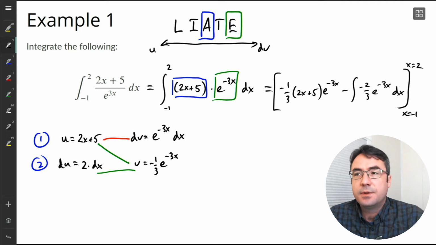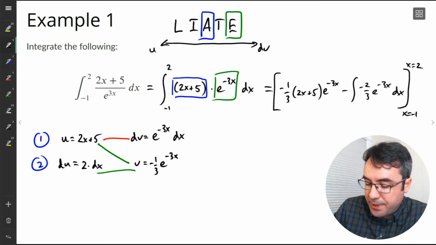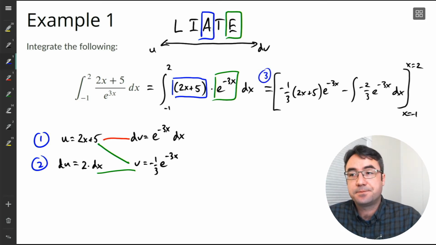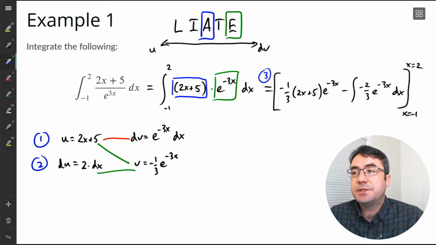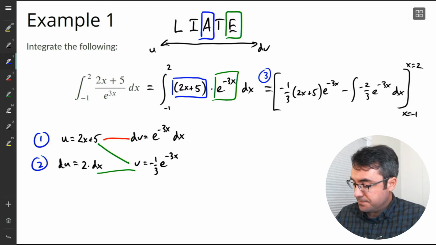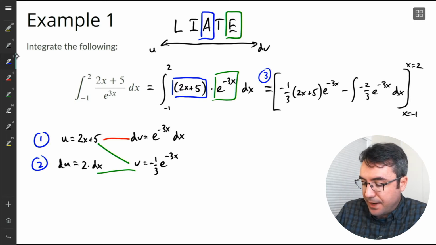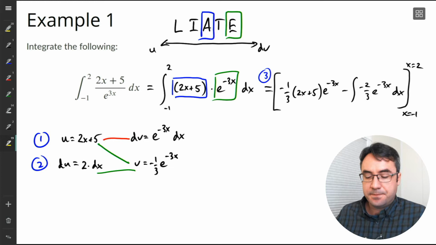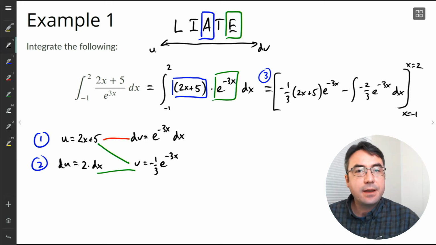All right, so let's keep going. That's our step 3, really, of our integration by parts, which is just to apply the formula. Next, we want to do that remaining integral. There's a little bit of simplifying we could do. I'm seeing a double negative in here, so if you wanted to clean that up, you could.